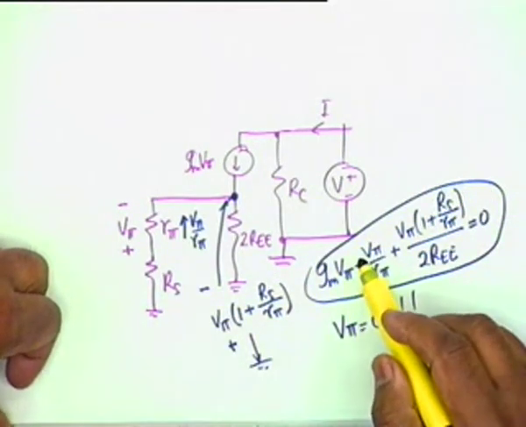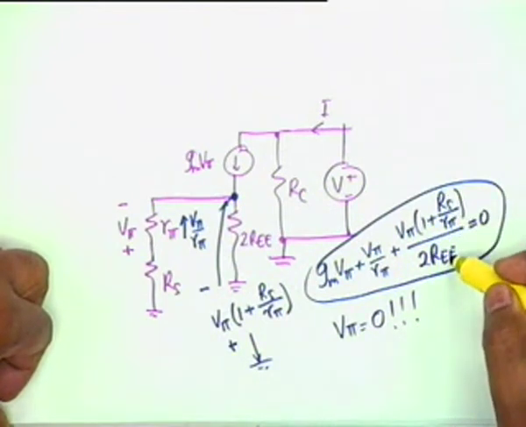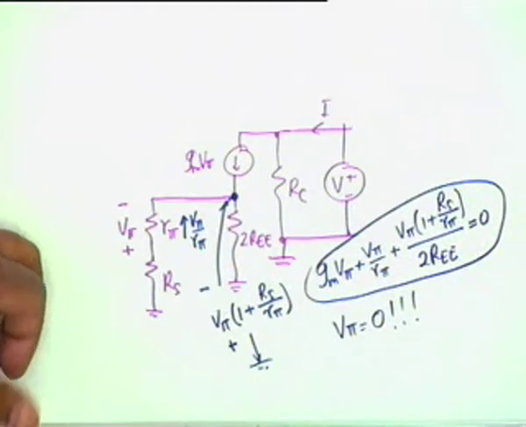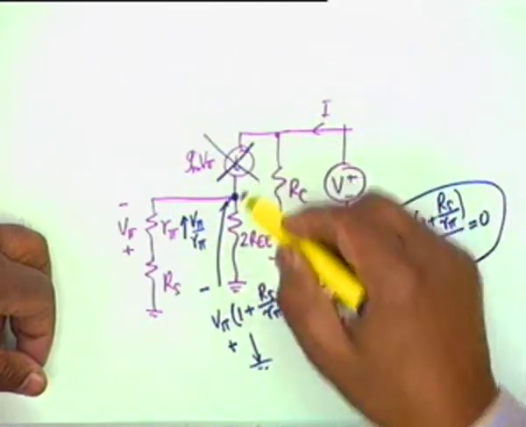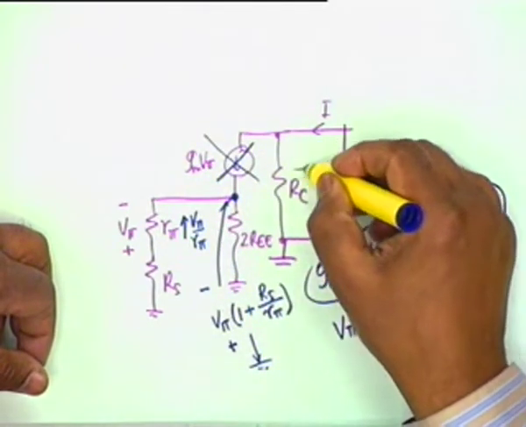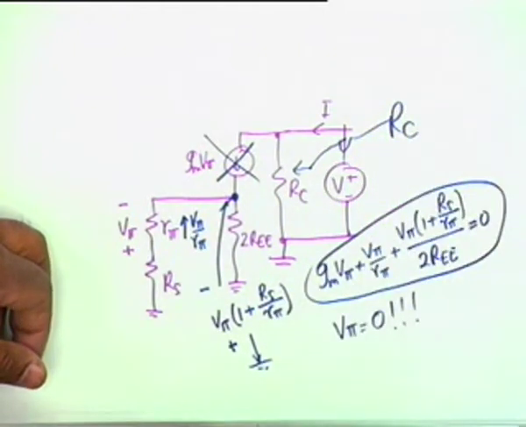V pi is the unknown, and these are constants, RS, R pi, REE. And therefore, the only possibility is that V pi shall be equal to 0, which means that there is no current here. And therefore, the output impedance is indeed R sub C. Do you see the trick?